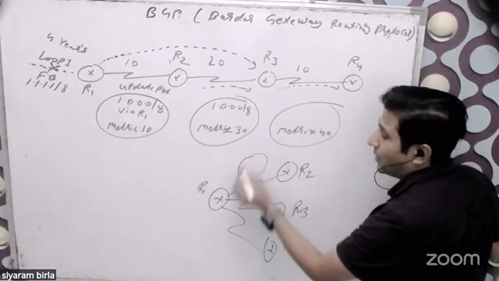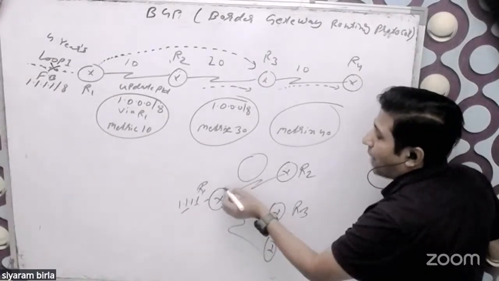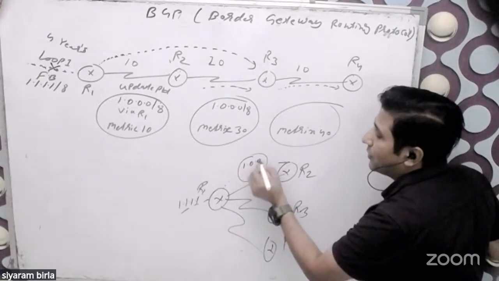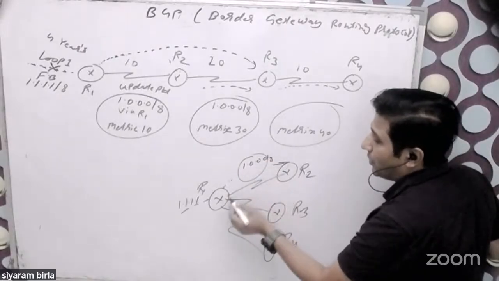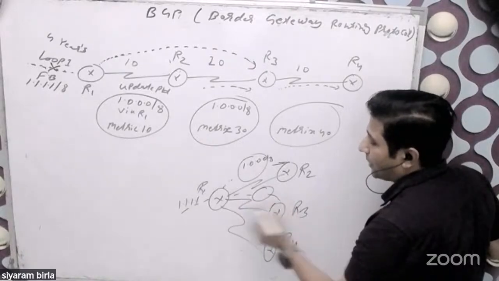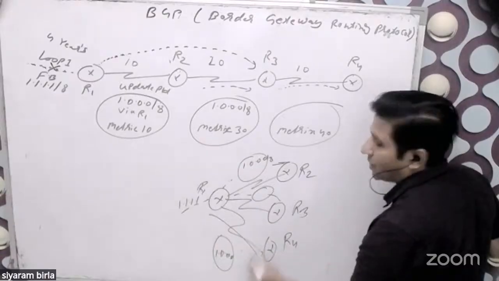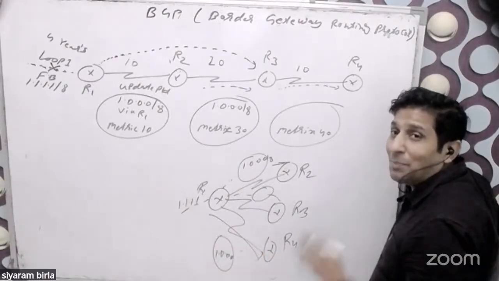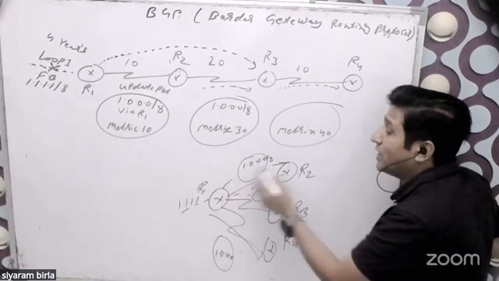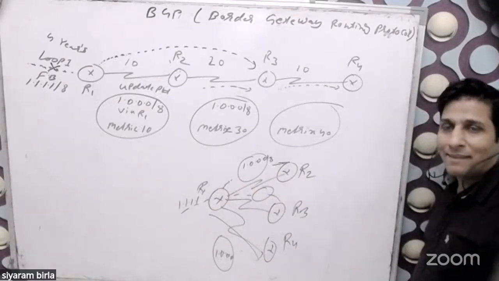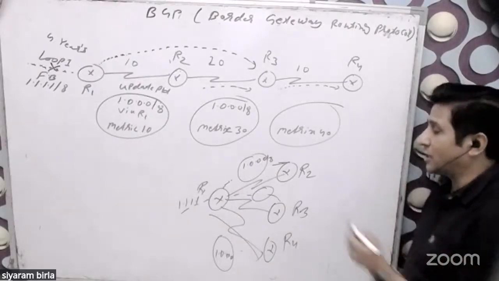So OSPF sends the routing update packet from R1 to R2, to this neighbor, and to this router as well. OSPF sends update packets, and EIGRP also sends update packets, to every neighbor. But BGP has a good feature: it is the unicast feature.